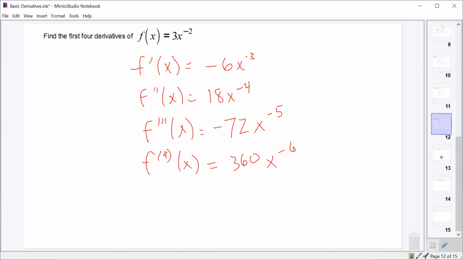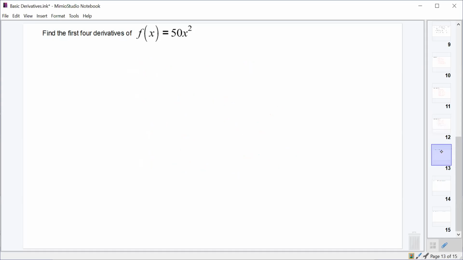Yeah. All right, last one of these that I'm going to make you do, at least in finding four derivatives. And we'll go back to just finding one. F prime should be 100x. F double prime ought to be 100x to the power of -1, no? 100x to the first, right?